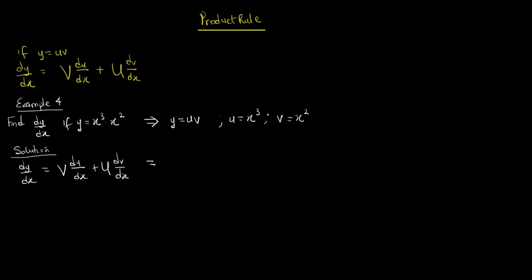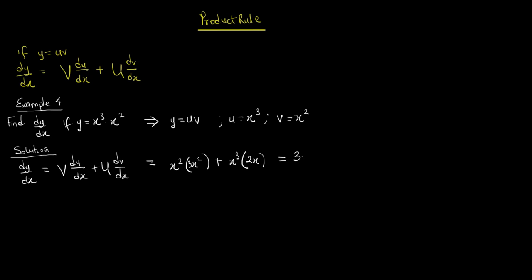V in this case is x squared, and du dx is 3x squared. Plus u in this case is x cubed, but we now have to differentiate v, which is going to give us 2x. Applying the formula again, this formula is just applying n minus 1 to get the differentiation of these ones. So if you do that correctly, what are we going to get?